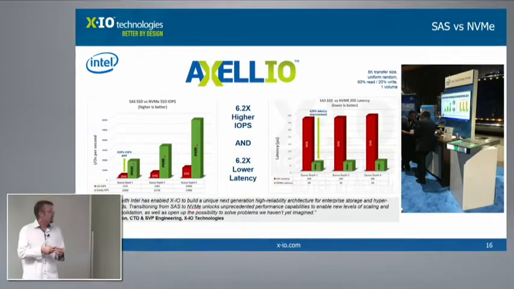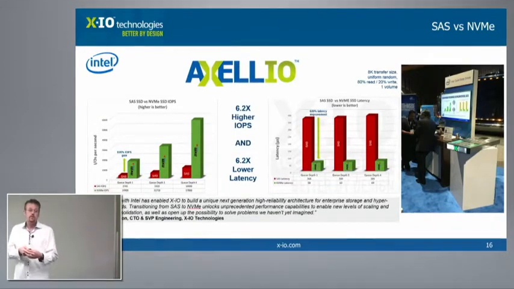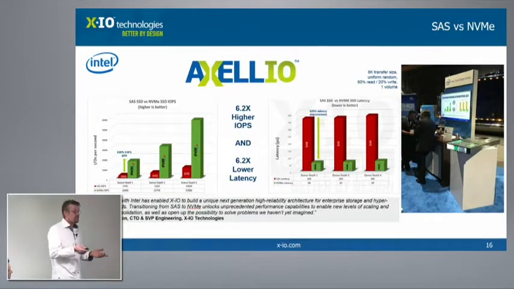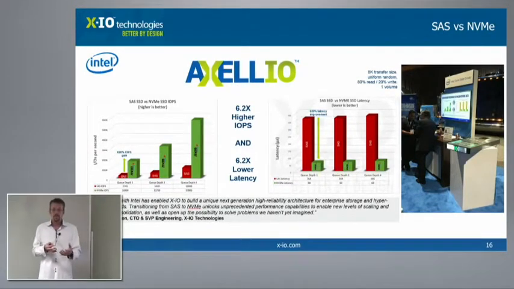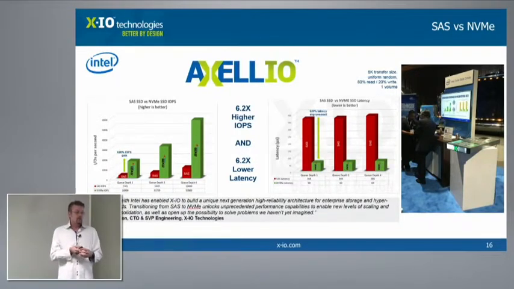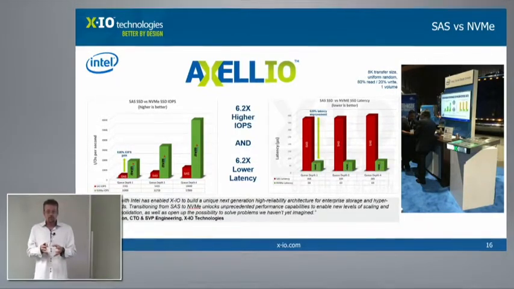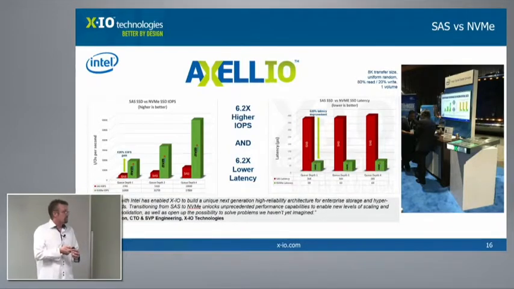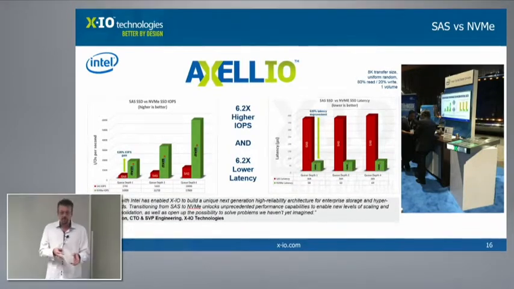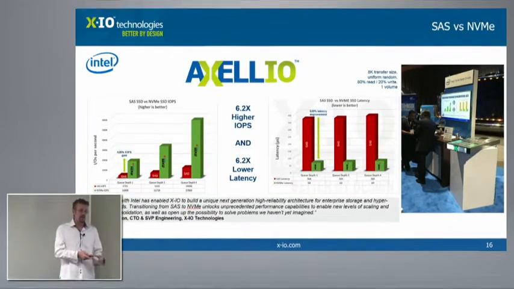And here's the SAS versus NVMe protocol impact that we ran on our system, right? And what we're seeing is roughly 6 times lower latency, which of course immediately translates to 6 times higher IOPS, right? So these are radically impactful. So the whole idea is there's a tremendous benefit of using NVMe over PCI Express rather than 12 gig SAS, if you will.